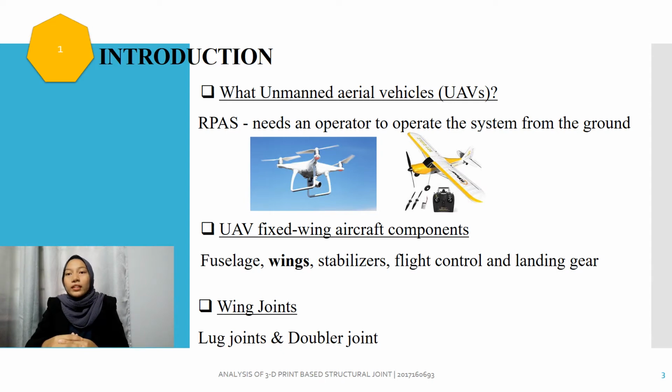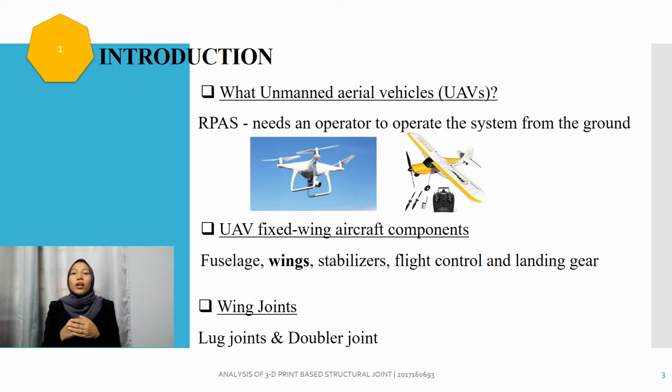Rotary wings are powered by rotary blades, such as a helicopter, and fixed wing means that the wings do not move. The fixed wing consists of 5 main components, which are fuselage, wing, stabilizer, landing gear, and also flight control. This project will be focused on fixed wing aircraft and the wings component itself.